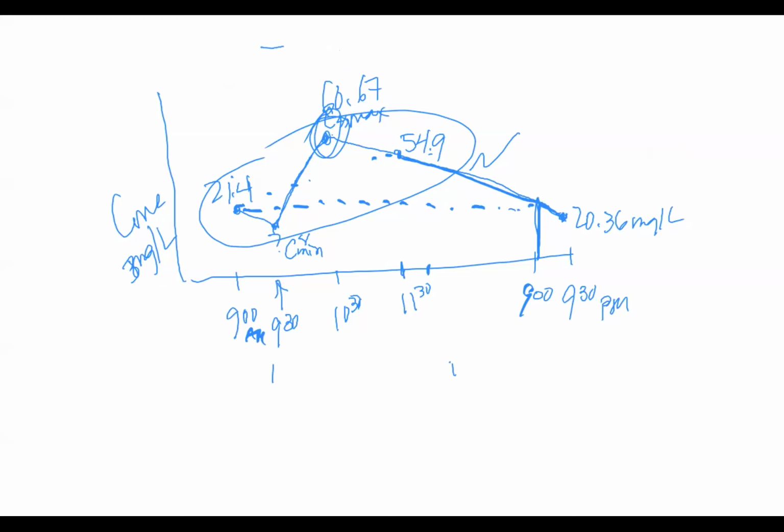All right, so our infusion piece here is going to be the average of 60.67 plus 20.36 divided by 2, the average, times our infusion time, which is 1 hour, right? So it's height times width to get our trapezoidal rule.